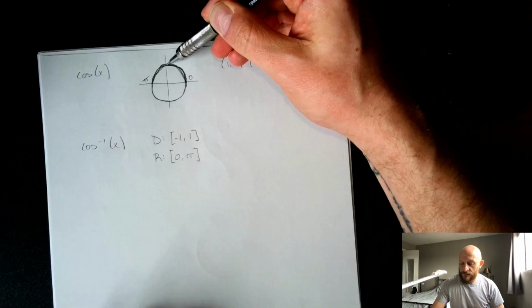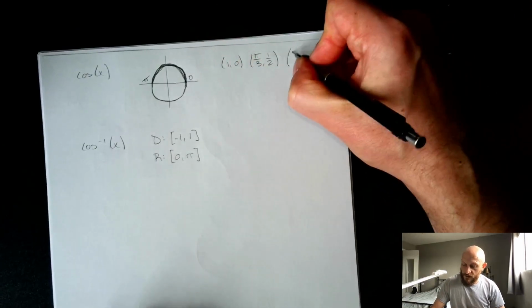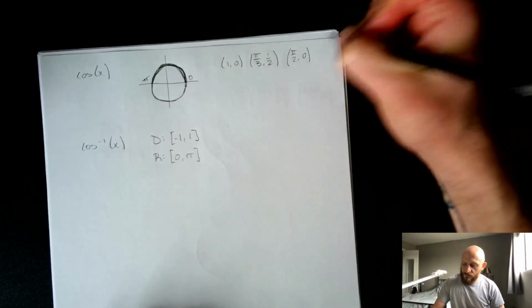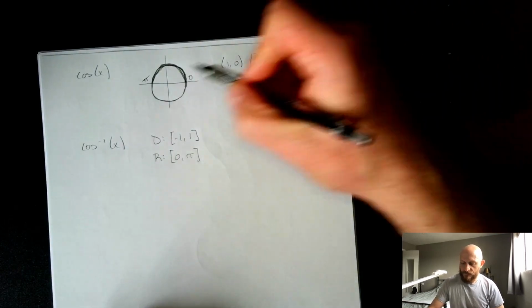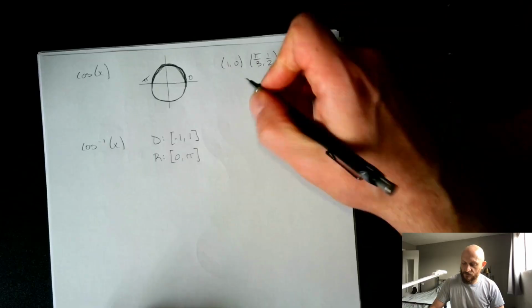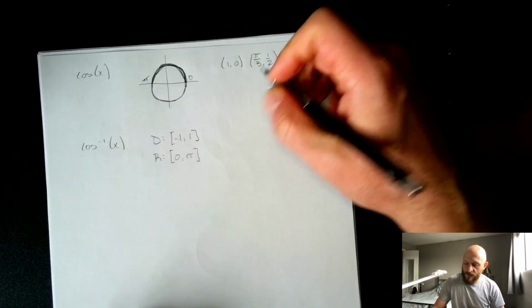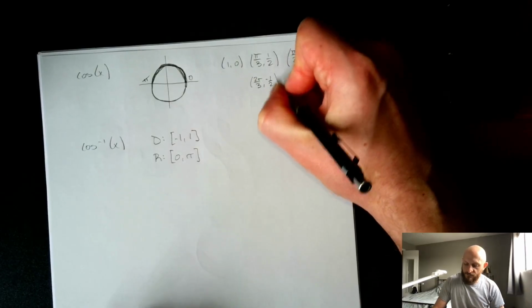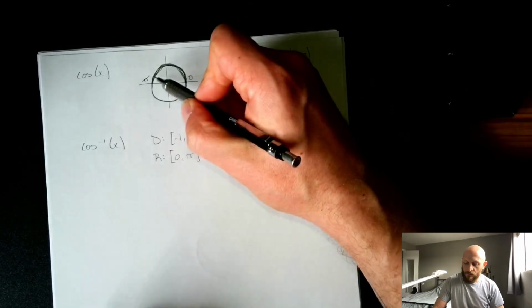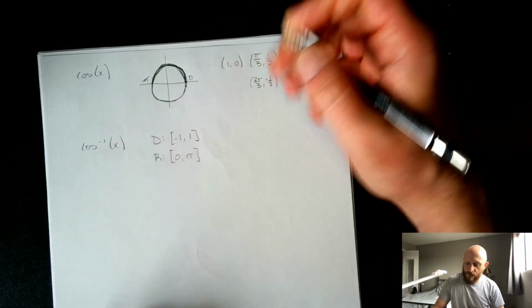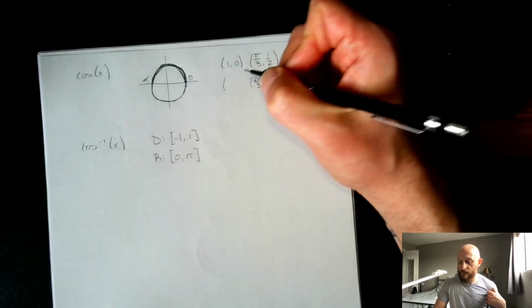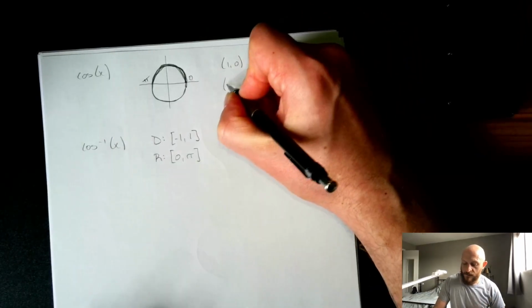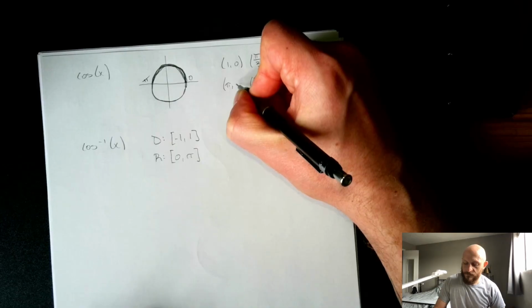Then there is pi over 2, 0. What are some other convenient ones? There would be 2 pi over 3, -1/2. And over here, pi, -1.